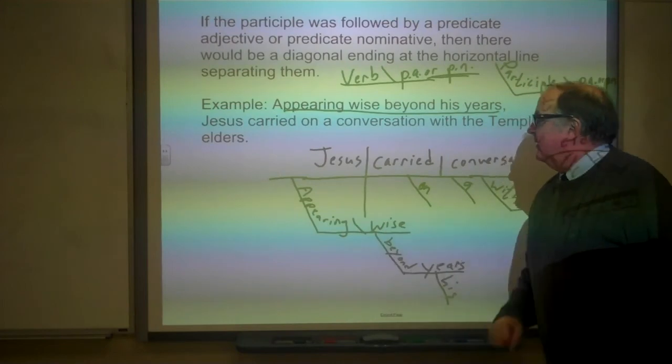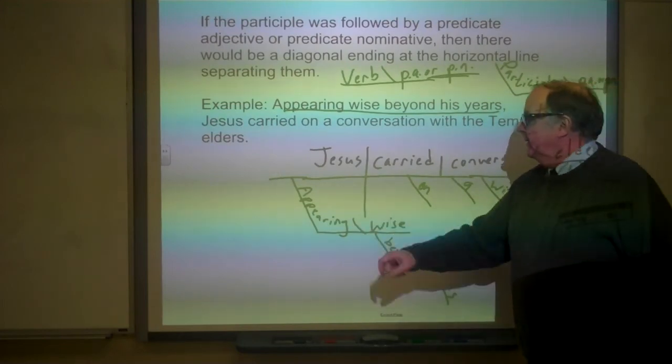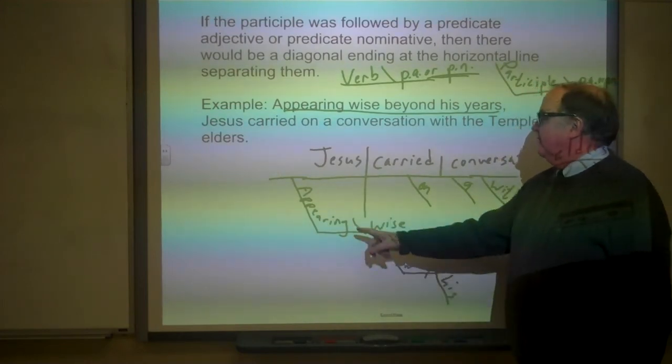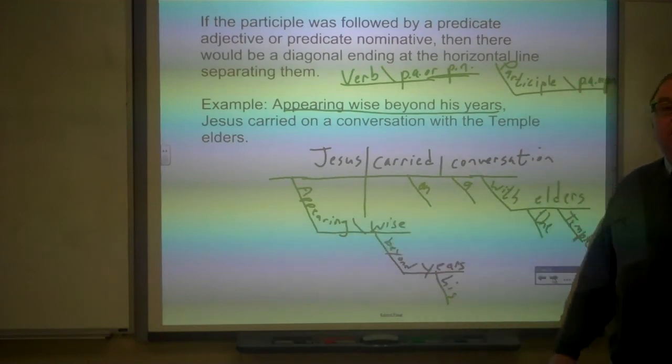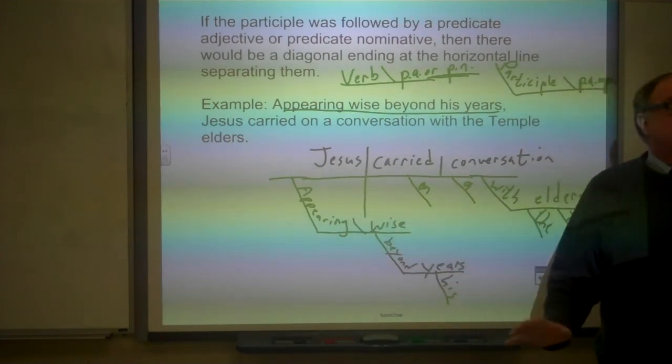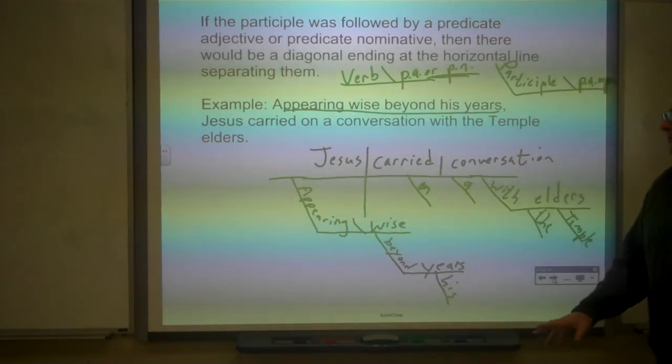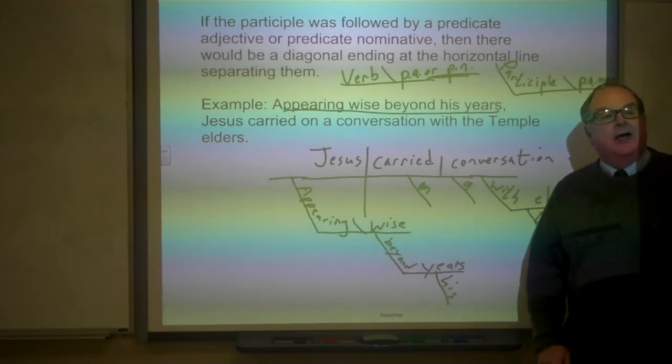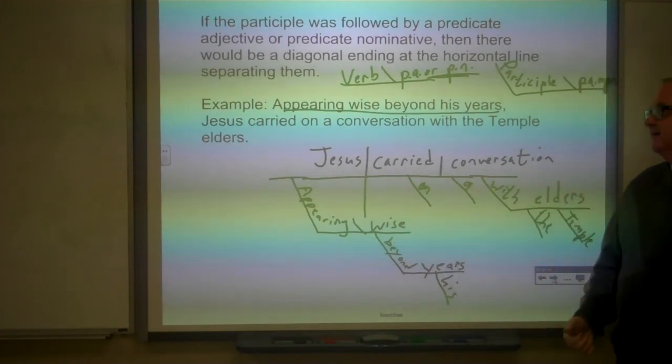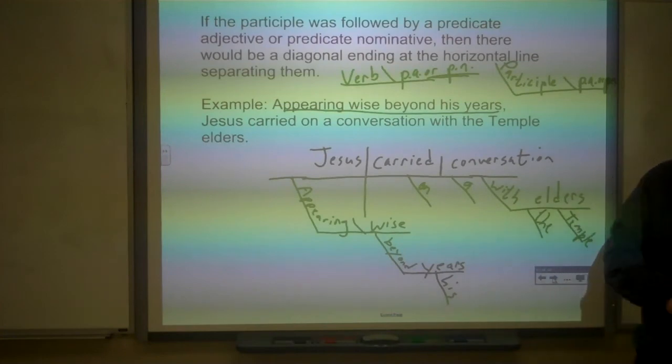But then, let's take a look at this participial phrase. Appearing is a participle, but in this case it is a linking verb, it's not an action verb, and so wise is the predicate adjective of appearing. You know, Jesus appeared wise, or Jesus was appearing wise.